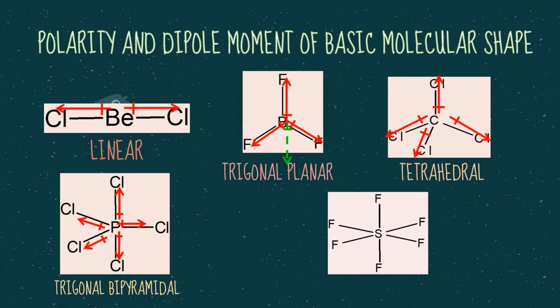Lastly, for the octahedral, we have 6 bond dipoles. As you can see, one pair of opposite bond dipoles cancels, another pair cancels, and the last pair cancels. So all these 5 give 0 net dipole moment, and all 5 basic molecular shapes are nonpolar molecules.